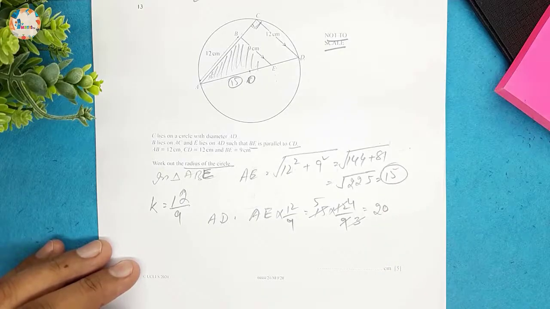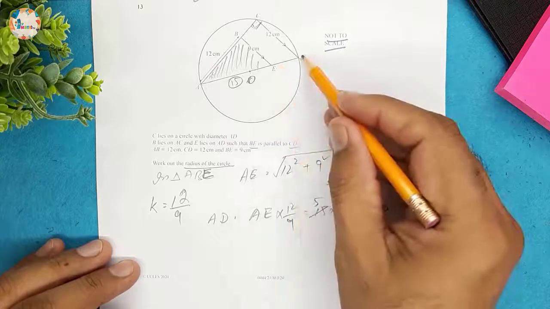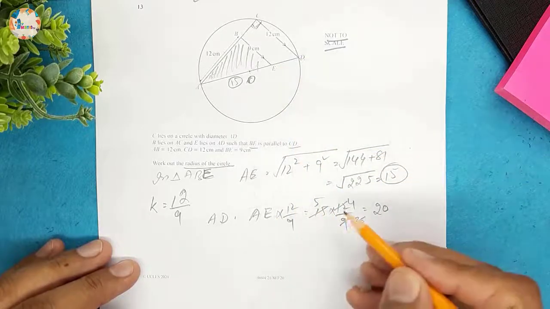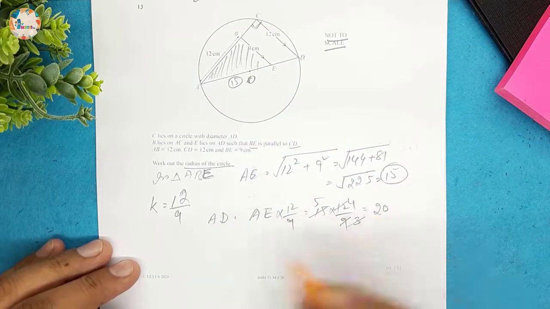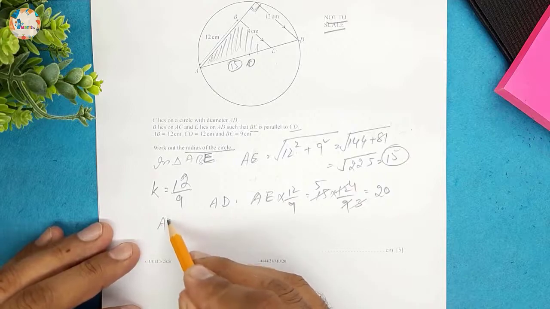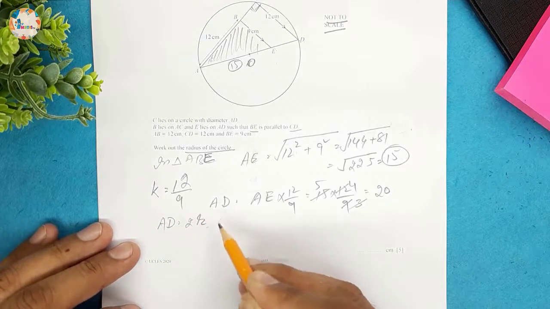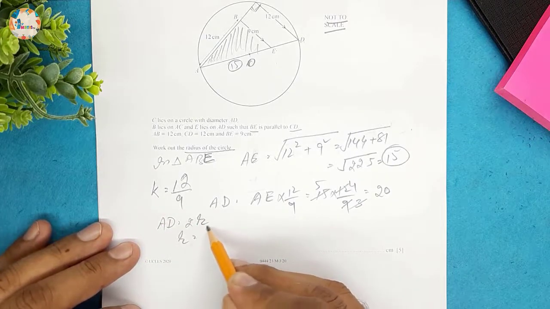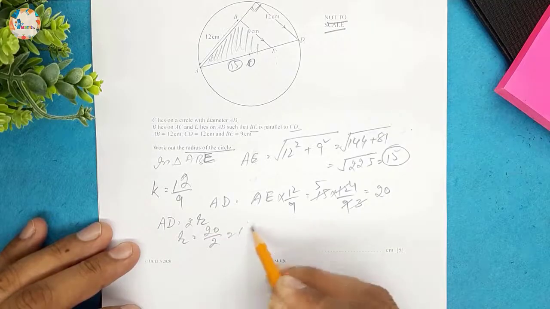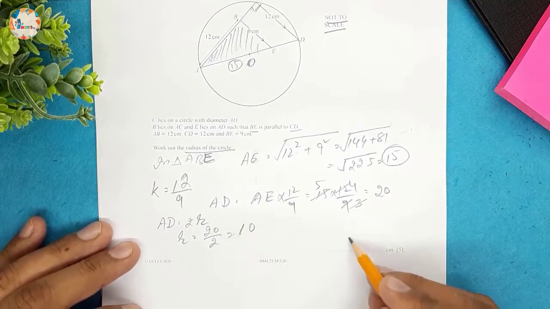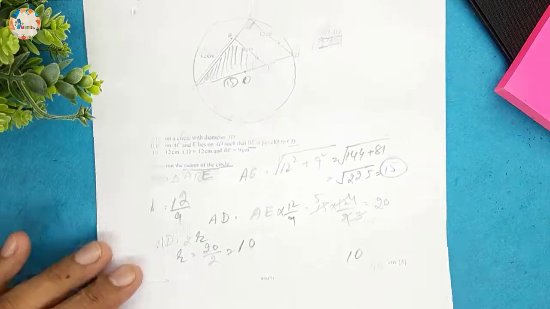This is the complete length AD, and we know that AD is equal to 2 times the radius. So R will be equal to 20 divided by 2, which is 10. So our answer will be 10.